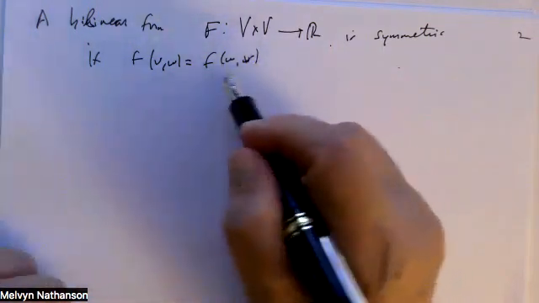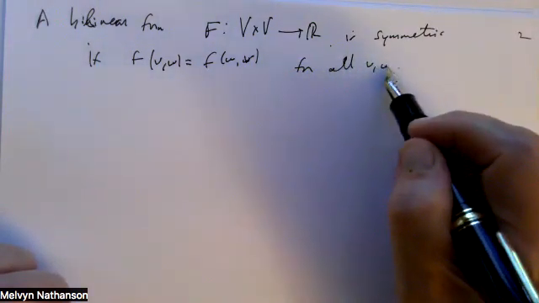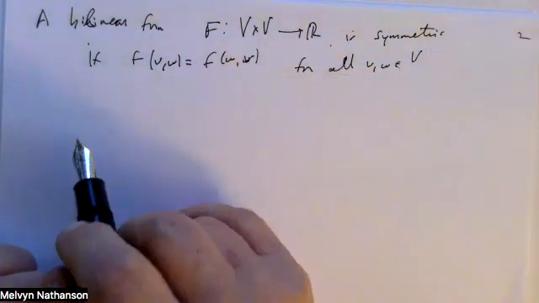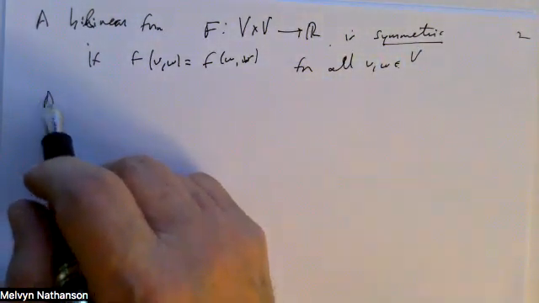You can reverse the order of the variables for all vectors v and w in your vector space. And that's a symmetric bilinear form.